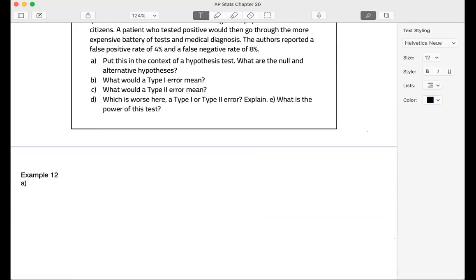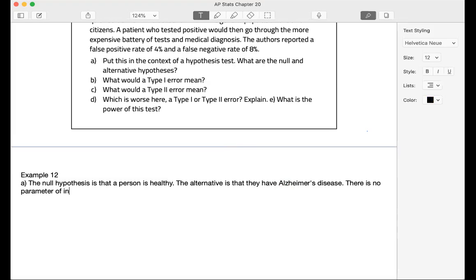Okay, A. The null hypothesis is that a person is healthy. The alternative is that they have Alzheimer's disease. There is no parameter of interest here.